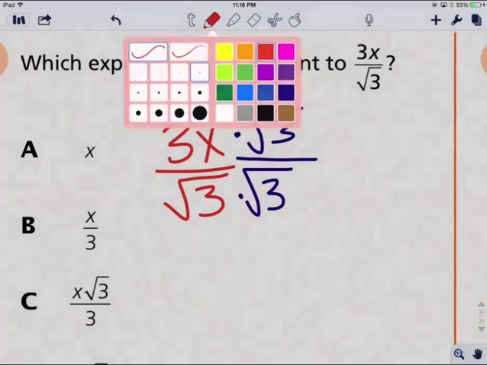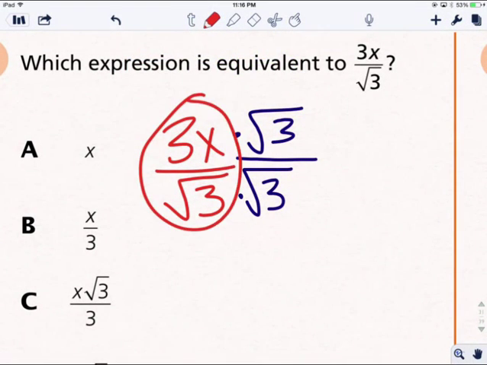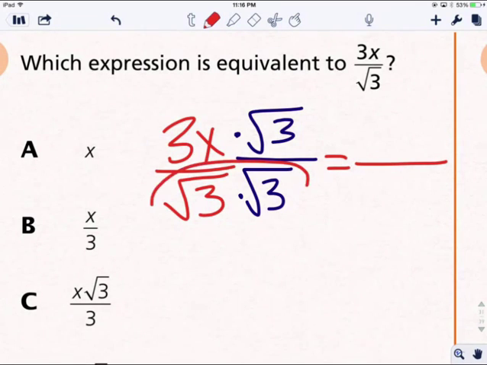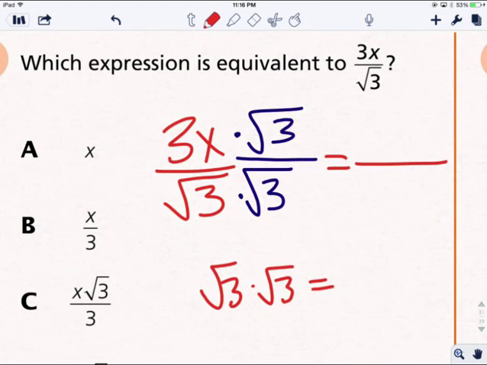Doesn't change the essence of 3x divided by square root of 3. This is going to be equal to, well, let's look at the bottom. Square root of 3 times square root of 3. Do you know what that is? This is just equal to 3, positive 3.